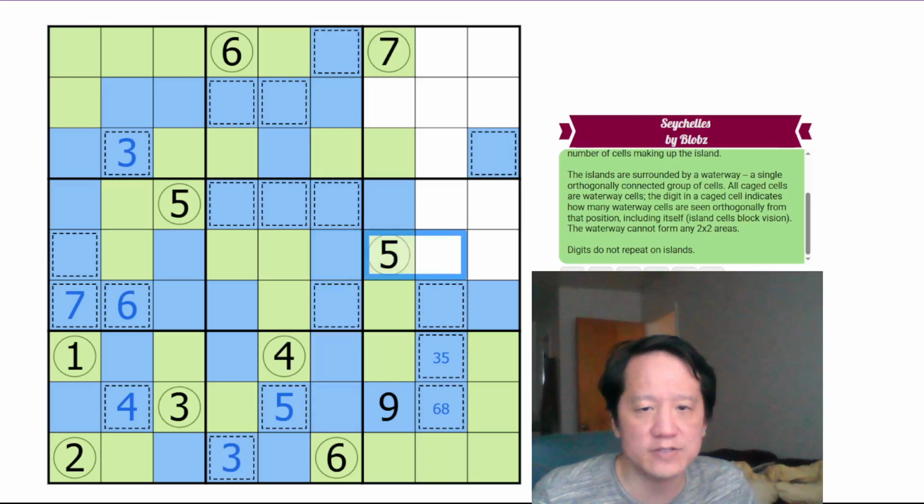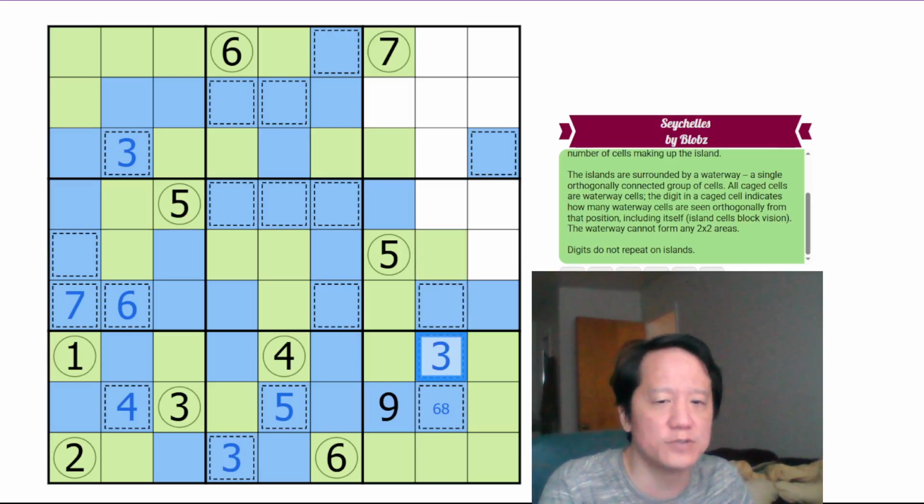This is 5 in size. It must be going out here. So this sees only 3 cells. So this is 3. This sees 6. This sees 4 island waterways. This sees 5.